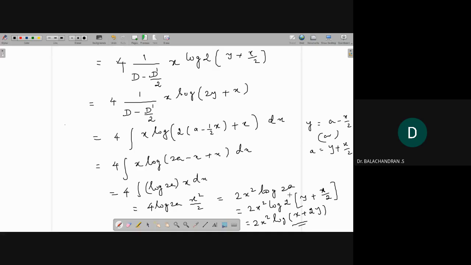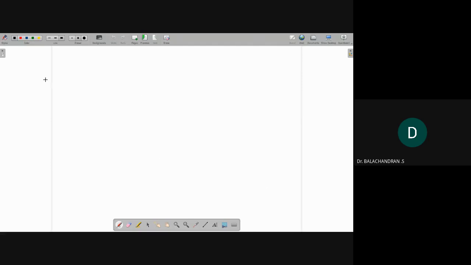So you know the general solution is the sum of complementary function and particular integral. So the last problem, I don't know the problem number. Okay, so question, solve. Just give the idea to solve this problem because now the time is 10:38.